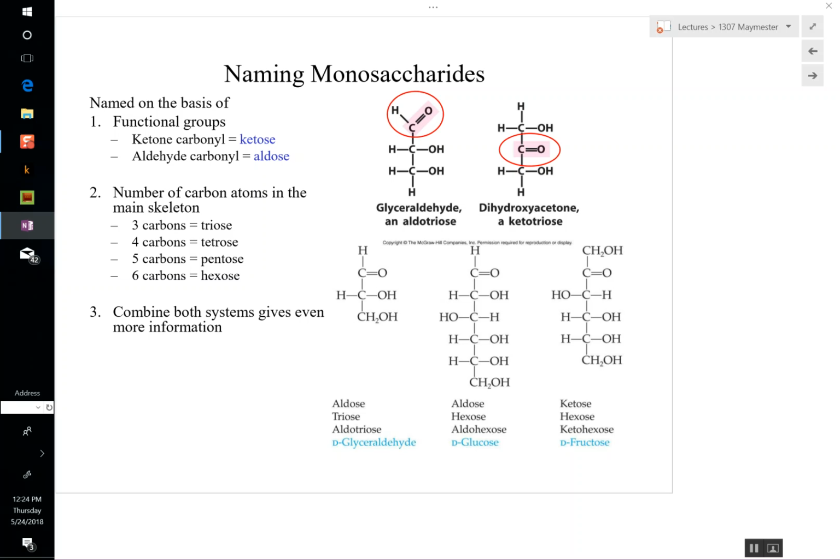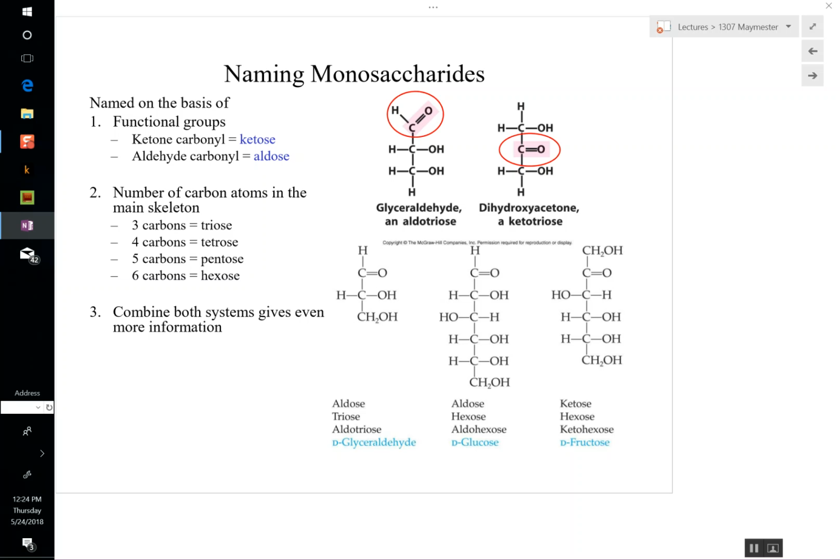The name of this molecule is glyceraldehyde, the name of this molecule is glucose, and the name of this molecule is fructose. So what did you say an aldose was again? One carbon? No, an aldose is an aldehyde functional saccharide. Doesn't tell you how many carbons. Aldose just tells you it has an aldehyde functional group at the top.